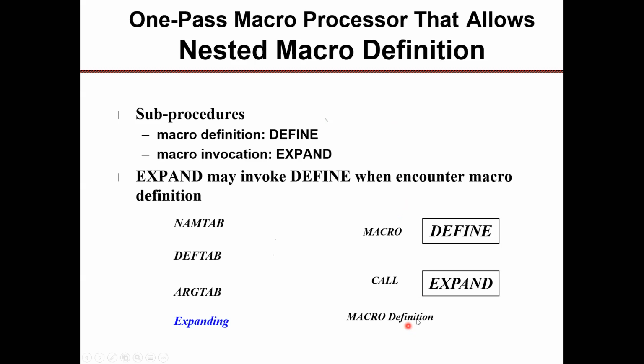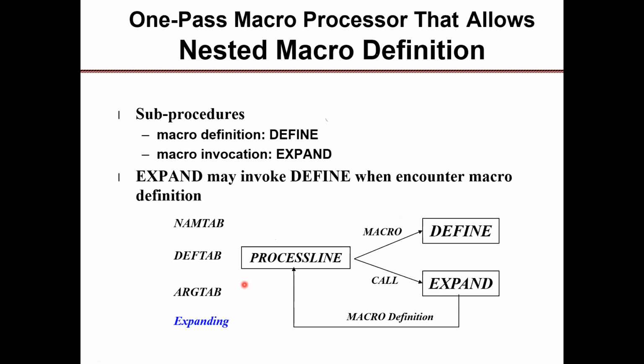Okay, so macro definitions: we can define a macro, then we can call a macro and do the expansion. We're still going to use name tab, define tab, and arg tab as needed for doing our expansions. We'll still call get line and process line, where process line is now going to be a little different than what we saw before.